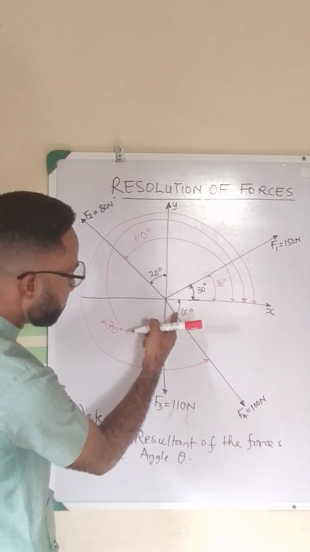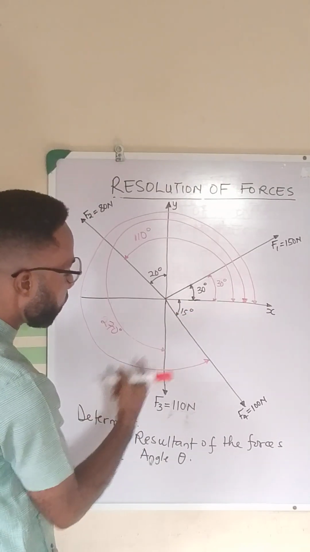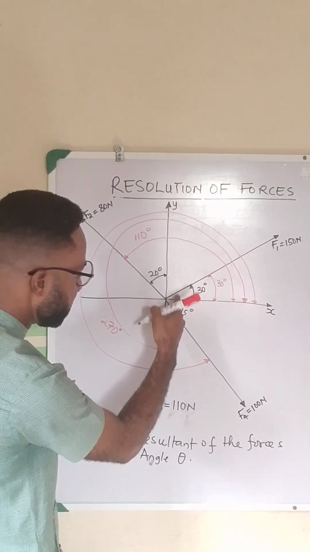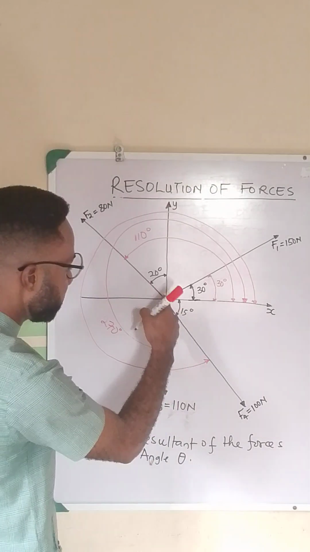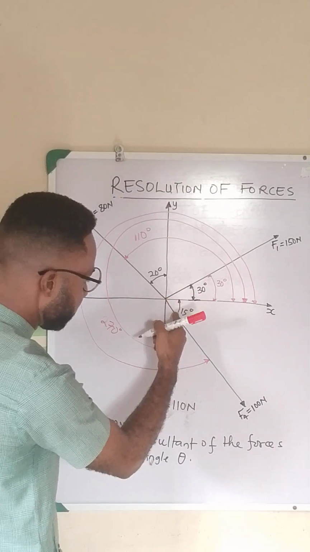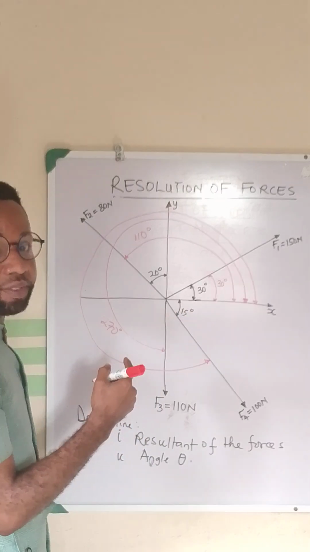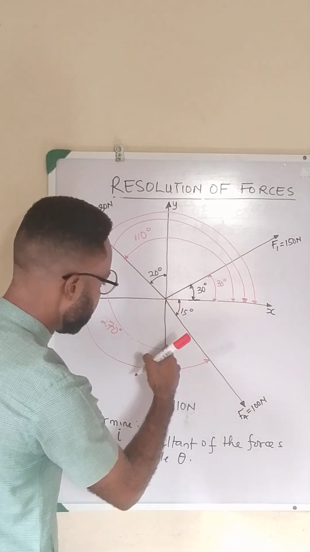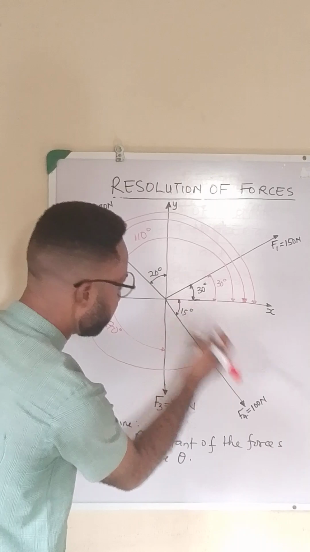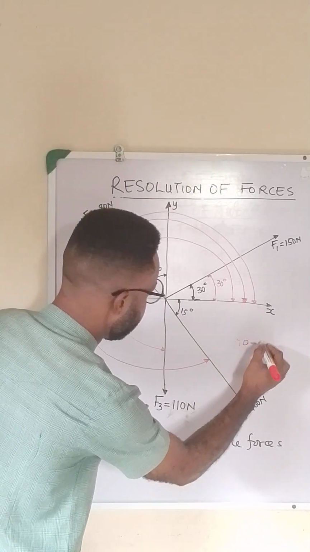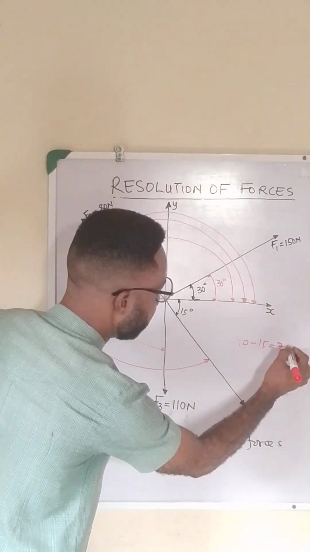Now we've been told that from here to here is 15 degrees. This is 90 degrees, and from here to here is 15, it means the remainder here is 75 degrees. All of this is 90, and we've taken out 15, so it will be 90 minus 15, which gives us 75 degrees.